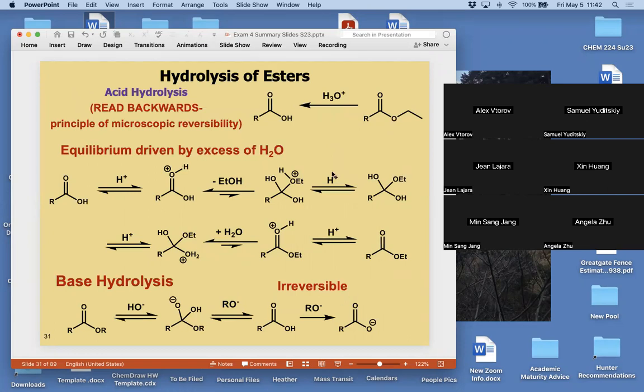Again, the hydrolysis of esters is backwards from the formation under acidic conditions. Base hydrolysis is trivial, but let me emphasize what I've just selected is part of the base catalyzed hydrolysis of an ester.